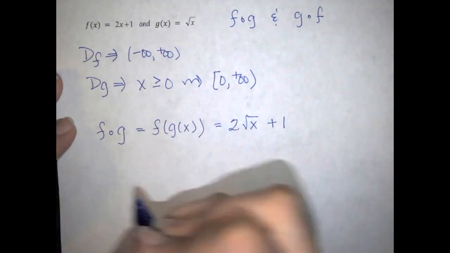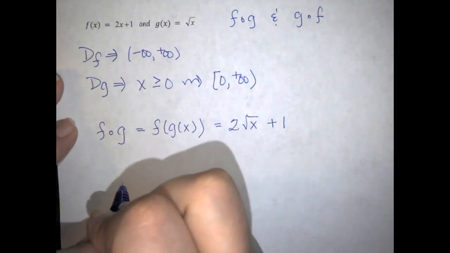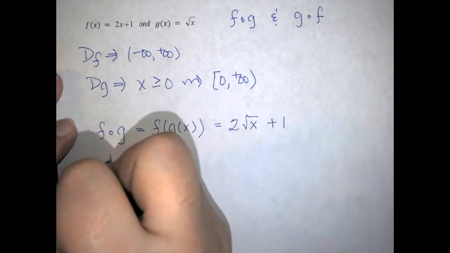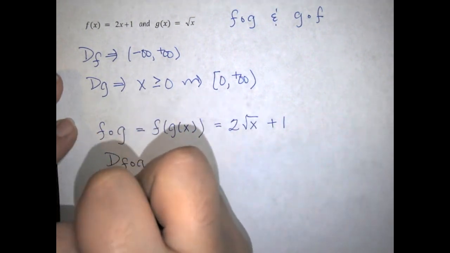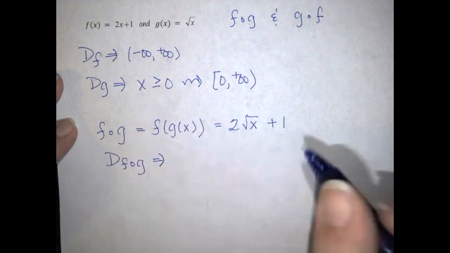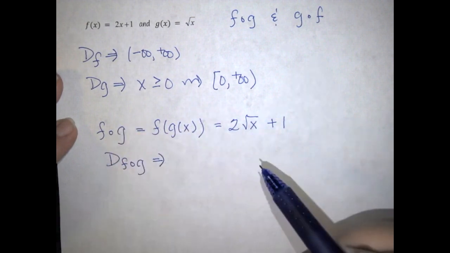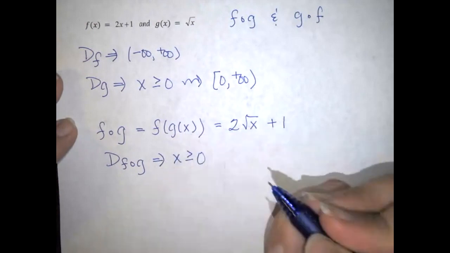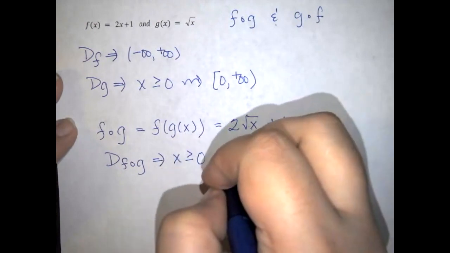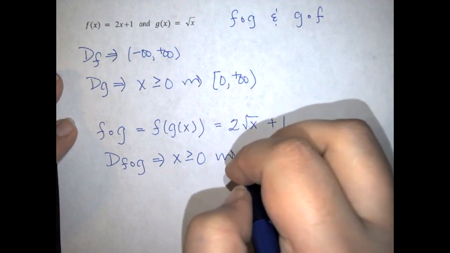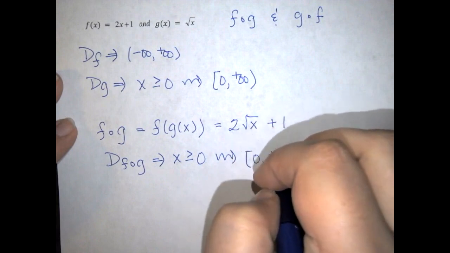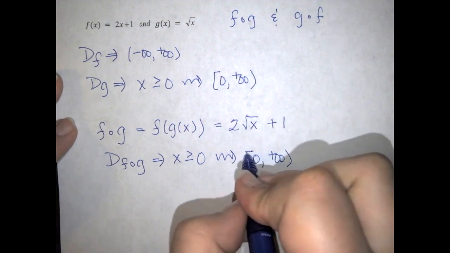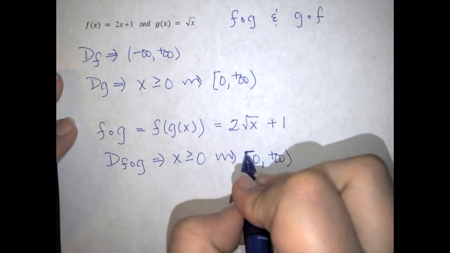So if we look at the domain here, we have to look at the domain of this value. So my domain for f of g essentially is going to be my radical piece. So again, x is greater than or equal to 0. So that means it has an interval 0 to positive infinity. And then, sorry, this is a bracket.